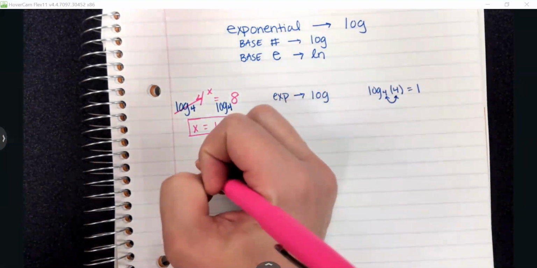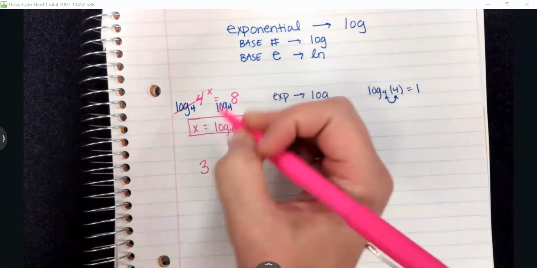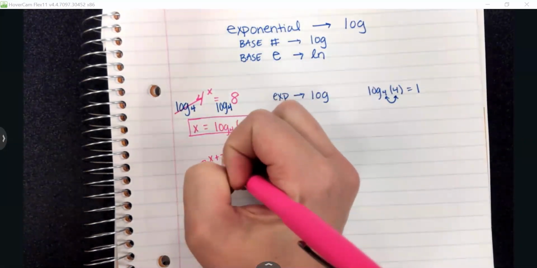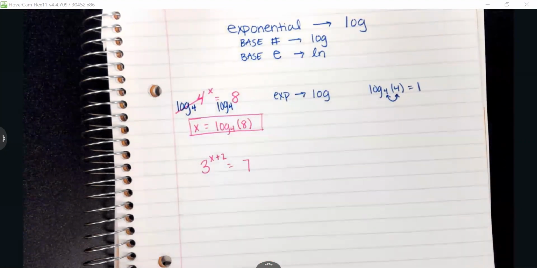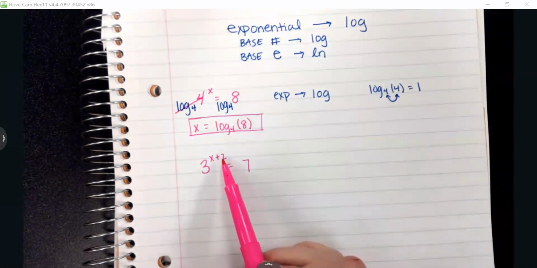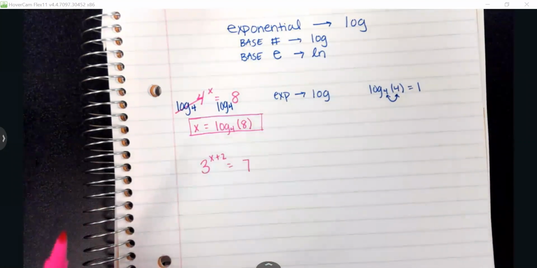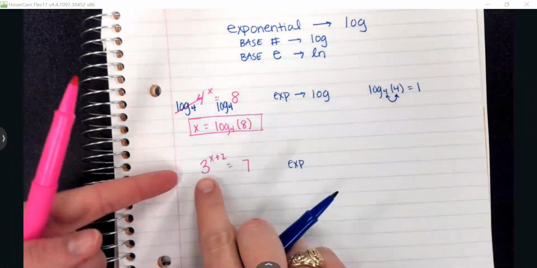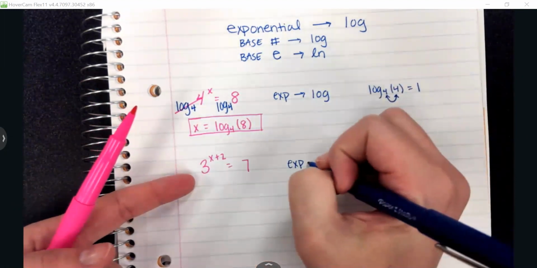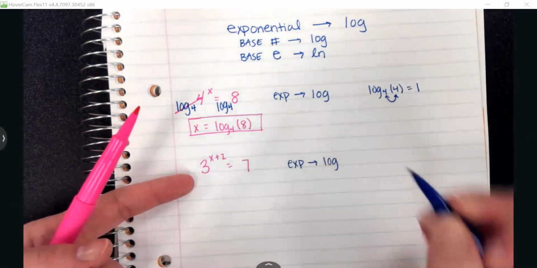So second example, if I have 3 to the x plus 2 equals 7, my base is 3. I know this is an exponential function. It has a base that is a number, so it's going to turn to a log.